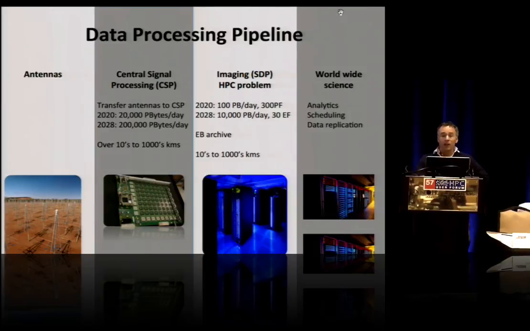Then the real computing starts, where the HPC world comes in. And that part of the story is called imaging. It's not just building images. There are also things like timing pulsars and so on, lots of interesting different measurements, but not very many. There are only about 10 different algorithms that we will solve there. So the ingest in this system is significant.